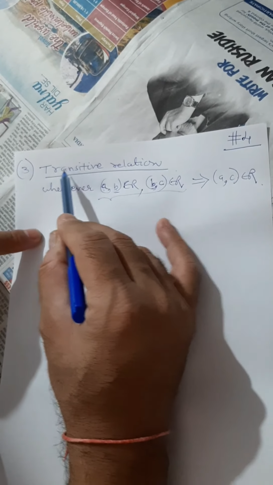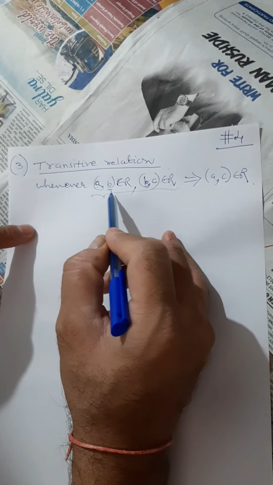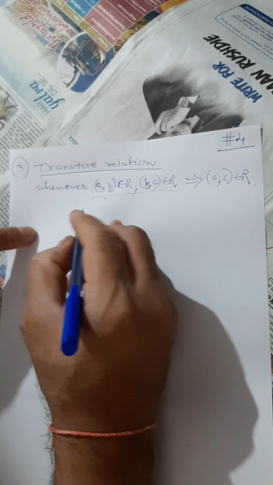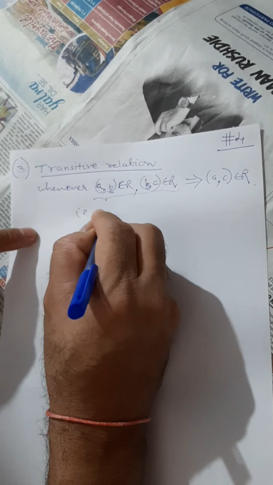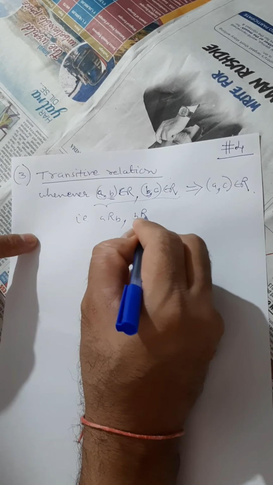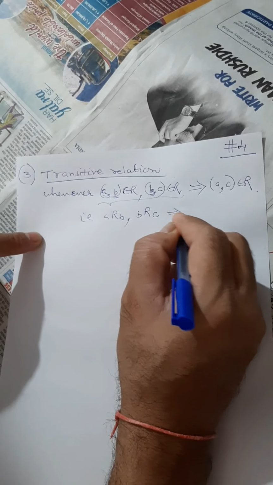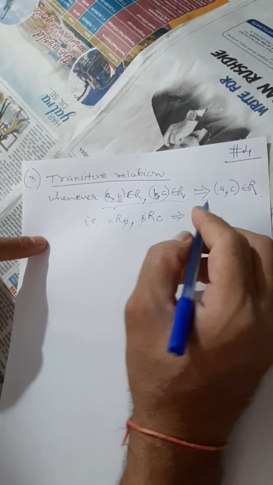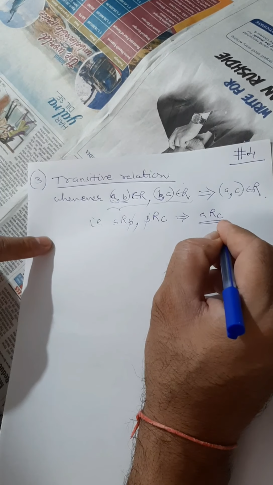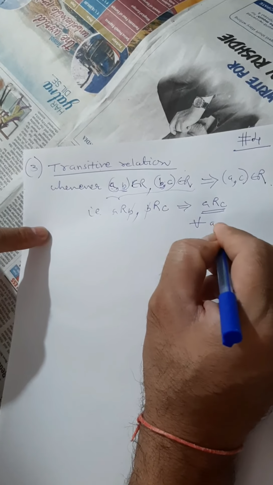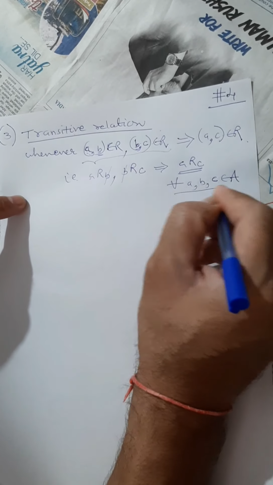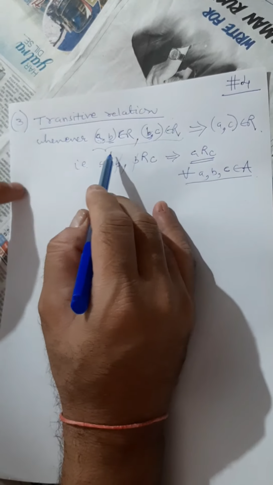A relation is said to be transitive if whenever A comma B is a member of the relation set R, that is A related to B, then again we start with B related to C. It implies you drop the common one, then A related to C. If this is true for every A, B, C in the set A, then it is known as transitive relation.